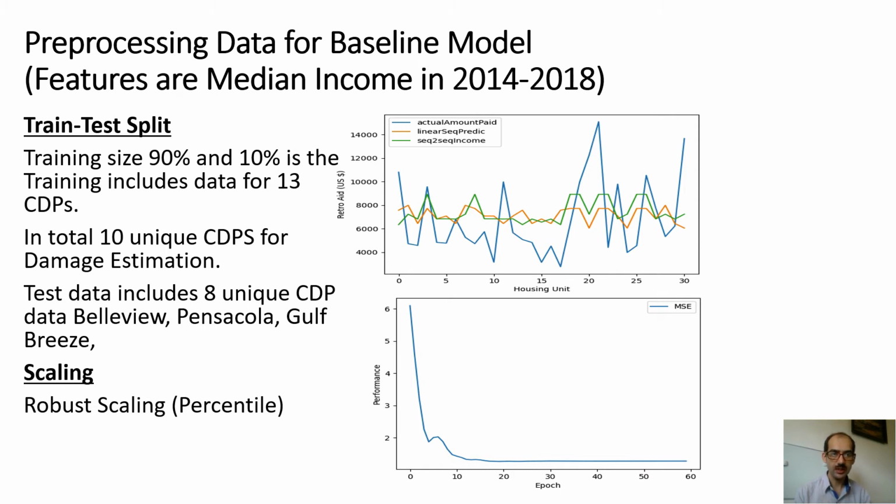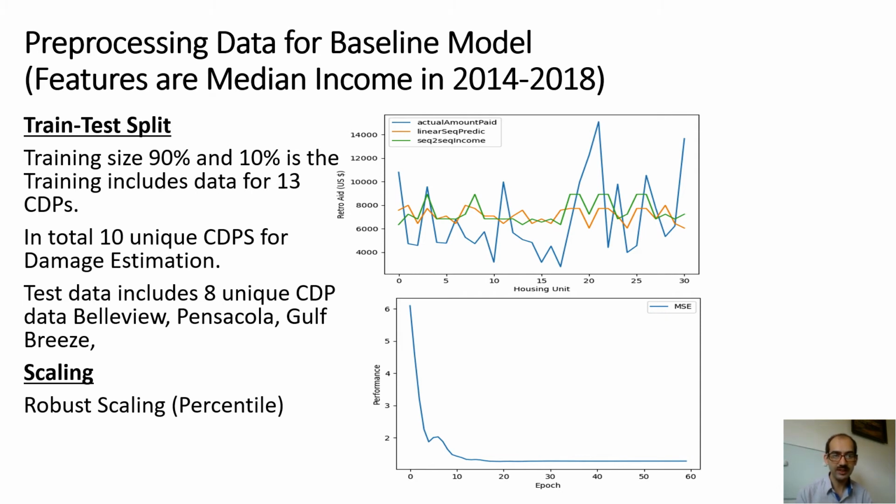I used income level as a baseline feature for certain zip codes identified by census zip code. At the end, I found that 10 unique CDPs are required because the damage data only includes 10 unique CDPs.